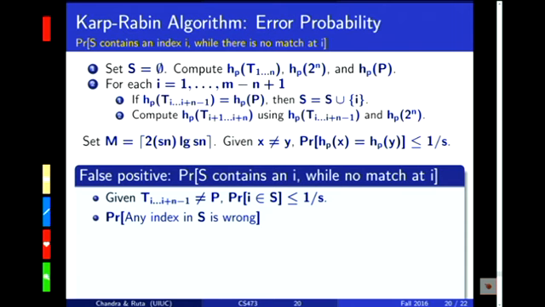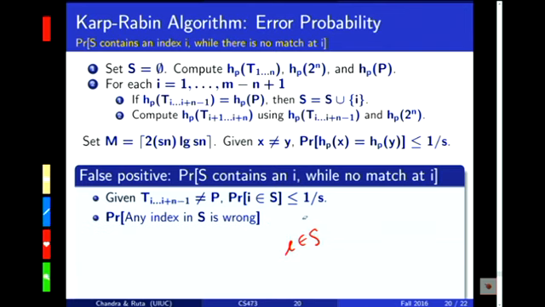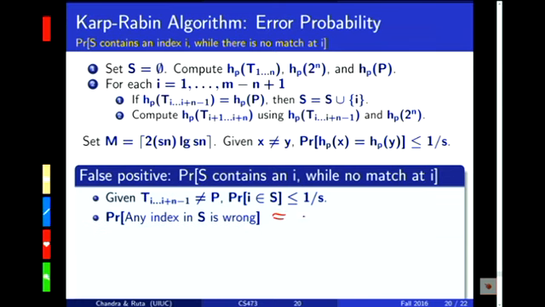Okay, so let me write this probability again. This is for any index i in S. Let me do it with equality first. This equals the probability of the union, over any index i in S, that i is wrong.